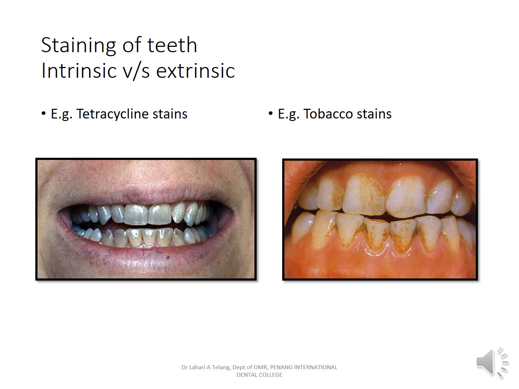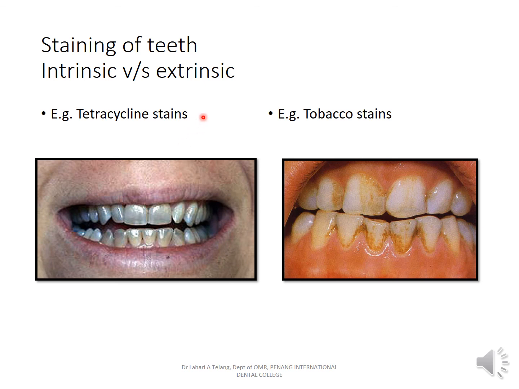Moving on to the last part of this lecture, staining of teeth. As I told you, the term staining is generally used for hard tissue, or the stains that are seen on teeth, and these could be intrinsic or extrinsic in nature. Intrinsic is when the stain arises from within the body itself, and extrinsic is when an external source leads to staining of teeth.